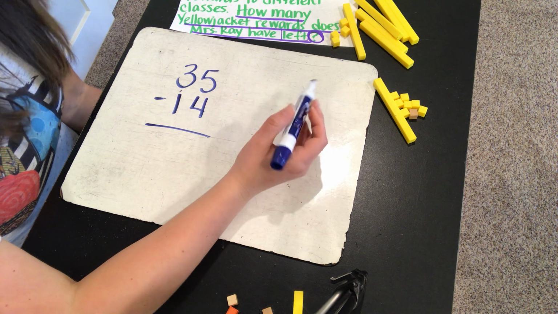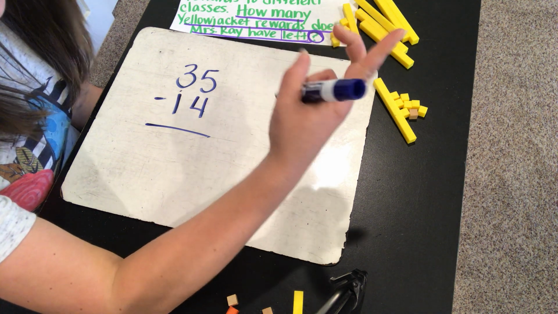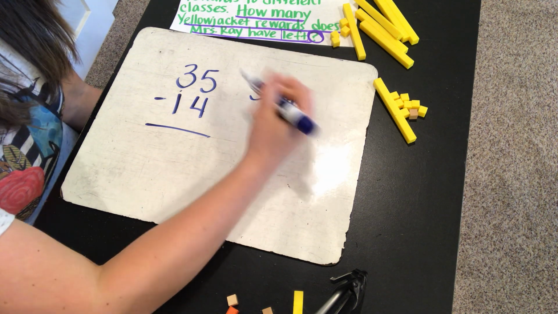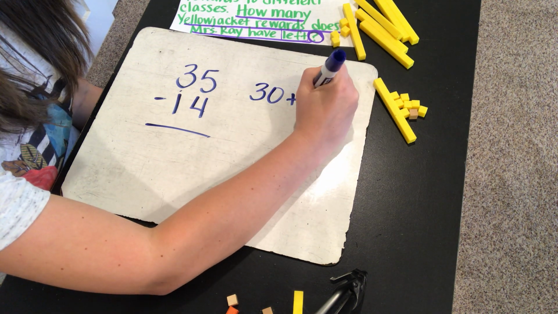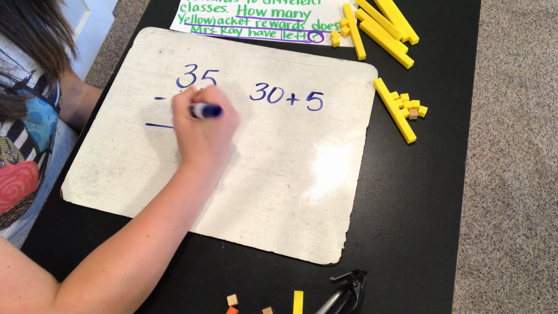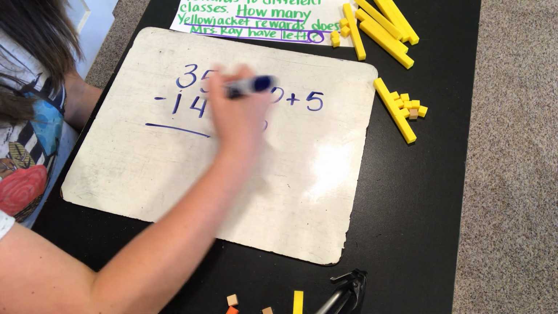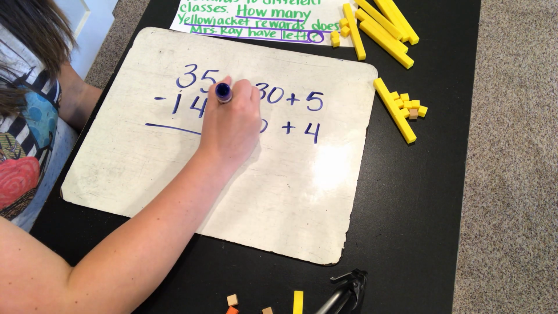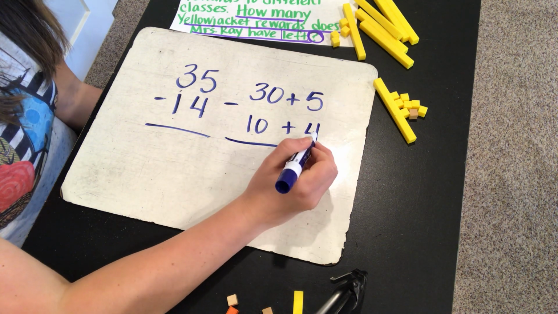There are 3 tens. So that stands for 10, 20, 30. Plus how many ones? 5. So 30 plus 5, and then 14 is 10 plus how many ones? 4. We're going to subtract this.